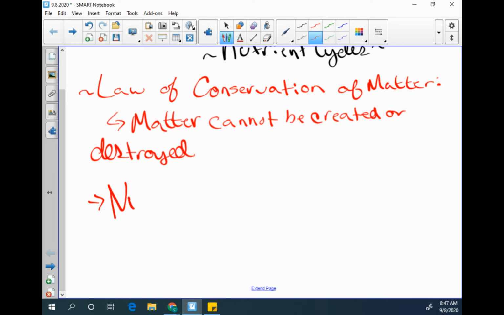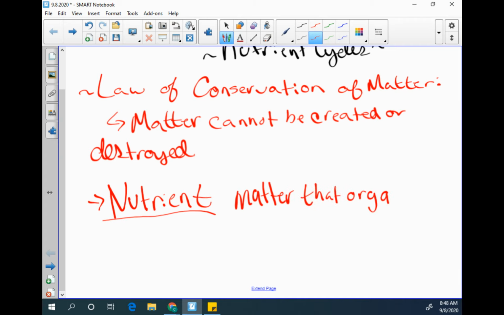The word nutrient is matter that organisms require for life. So we need oxygen to help carry out cell respiration. So oxygen is a nutrient for us. Same with nitrogen, same with phosphorus.